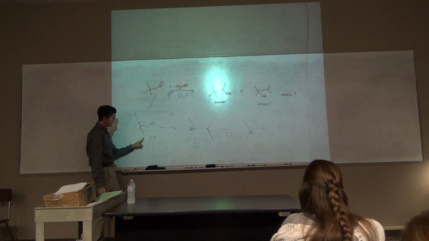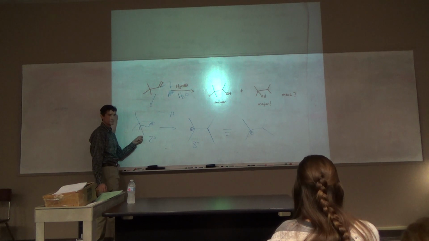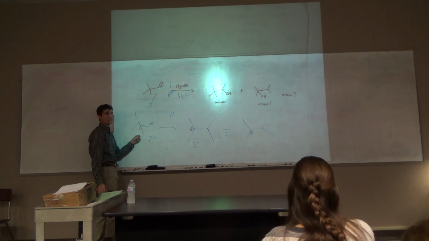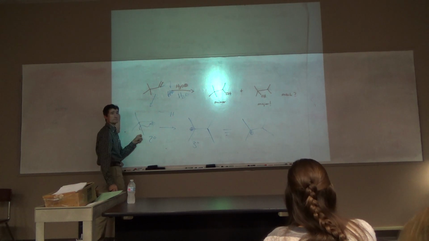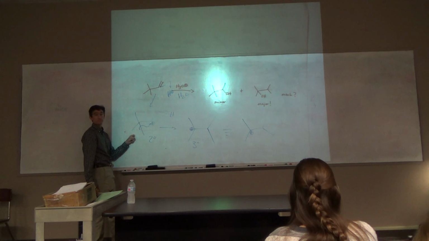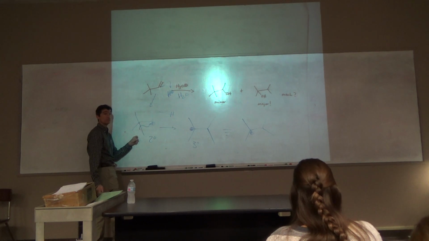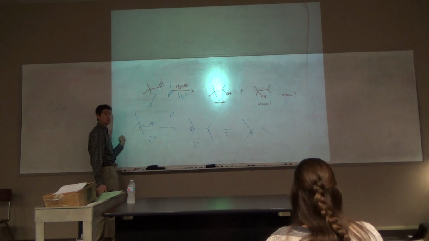Not from a hydride shift, but what shifted? A methyl. What's more of a general name for a methyl? It's at the top of your page. Alkyl. Alkyl, alkyls: methyls, ethyls, propyls, butyls, all those are alkyls.